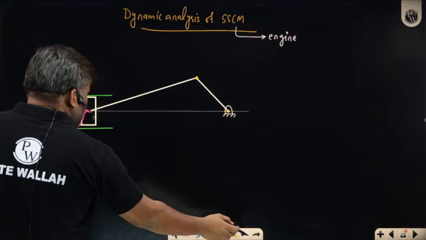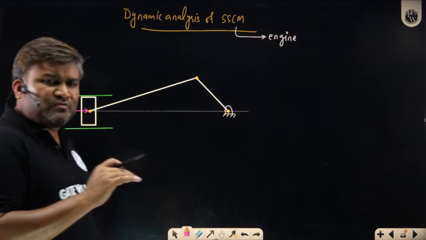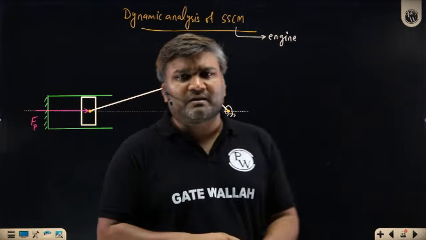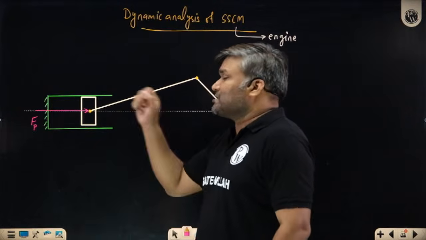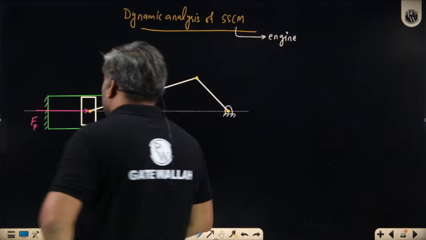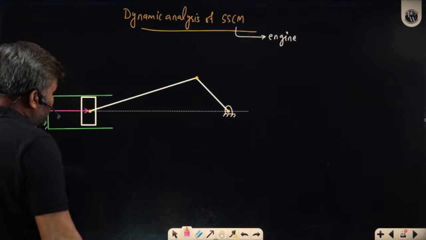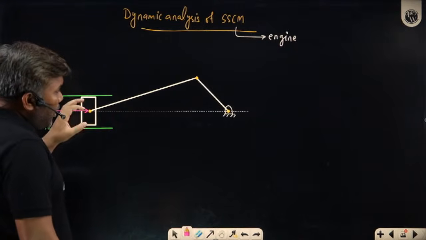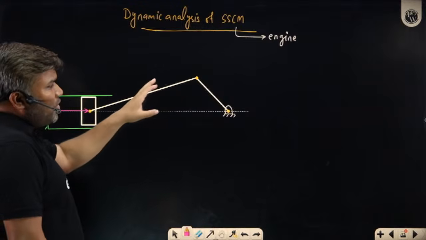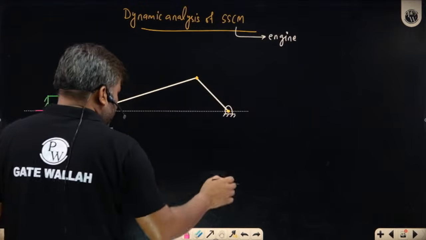But from an objective question point of view, in the history of GATE they have never asked such a question where you calculate the piston effort. They have given the piston effort. Now because of this piston effort only, all other forces will be developed in all the components. What are the components? Understand carefully.